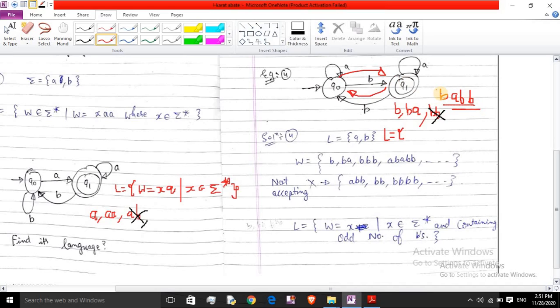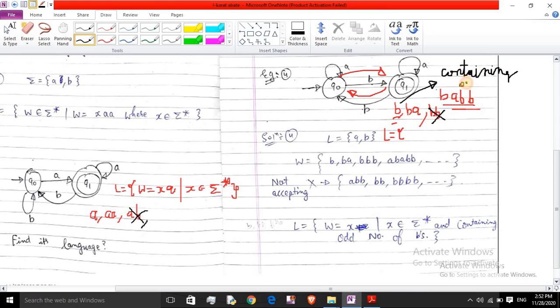What it means here is that this machine is accepting all the words which are ending with B, containing an odd number of B's. Actually it is accepting only those languages containing an odd number of B's.